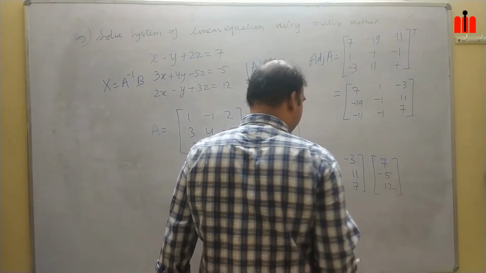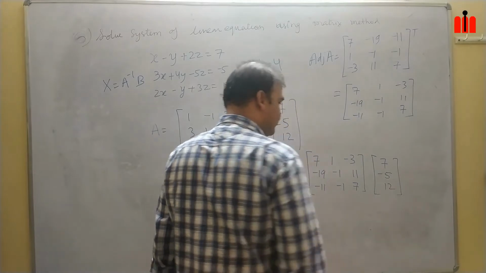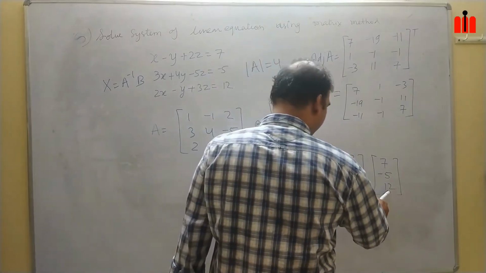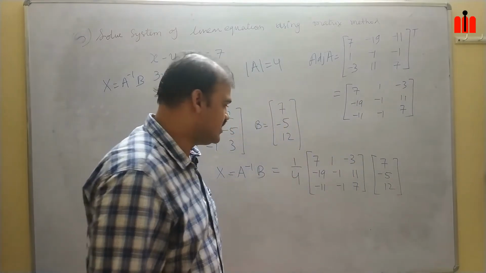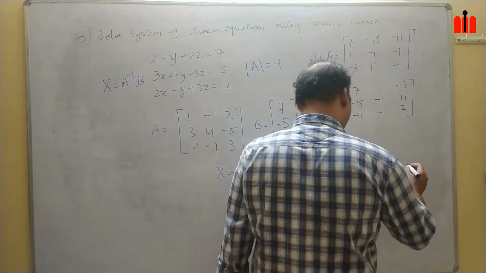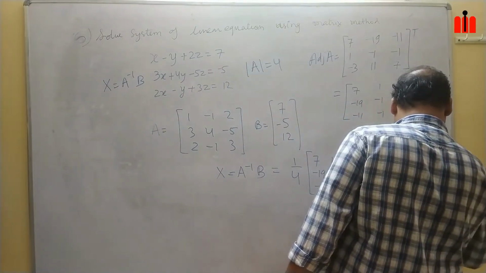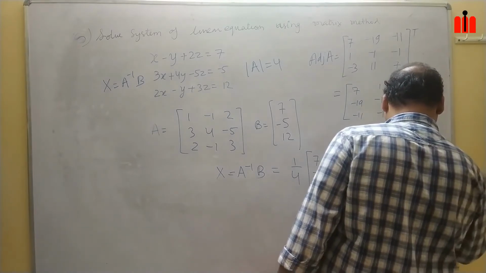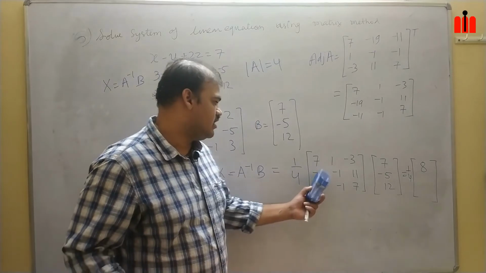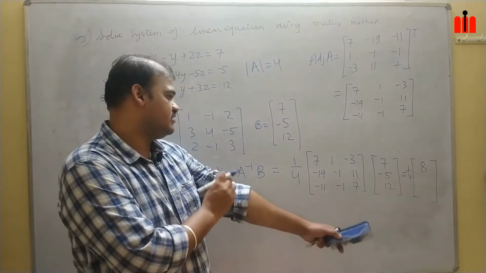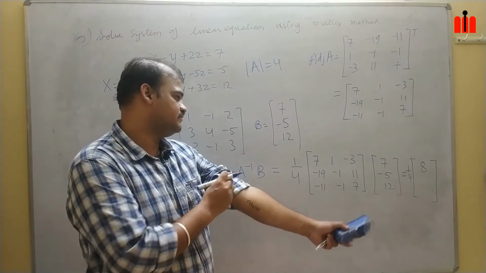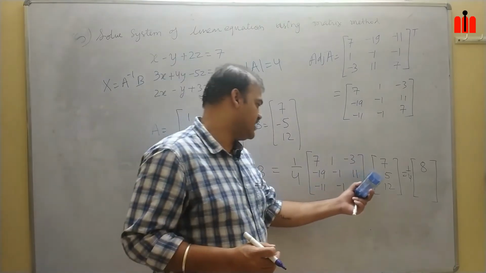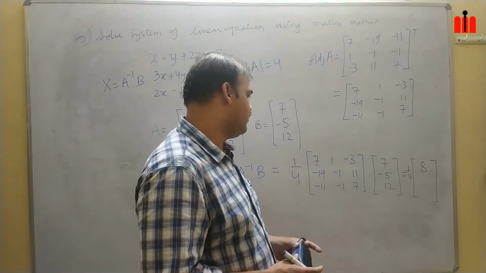So 7 7s are 49. 49 minus 5 is 44. 44 minus 36 is 8. So here it will be a column matrix. The first element is 8, and 1 by 4 is multiplied. Now minus 19 into 7 is minus 133.